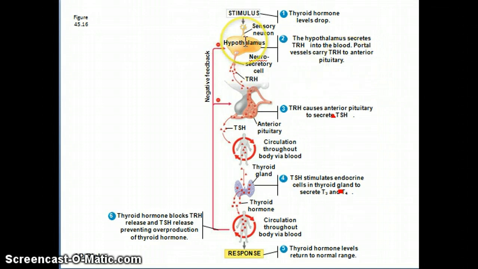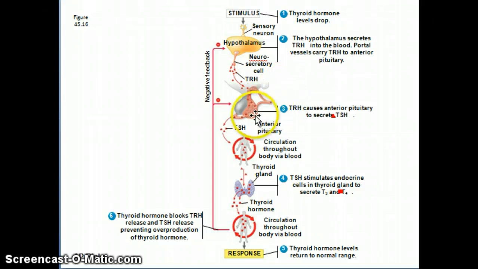So the hypothalamus sends out a releasing hormone, or a neurohormone, from a neurosecretory cell to tell the anterior pituitary to release TSH.